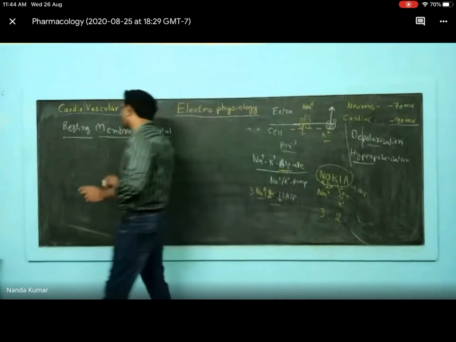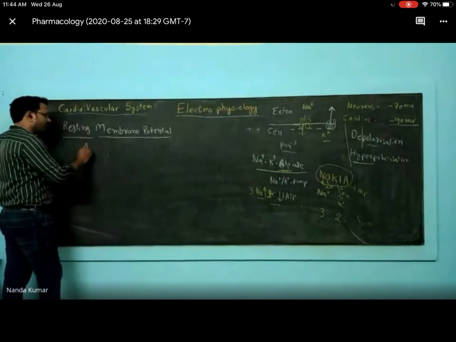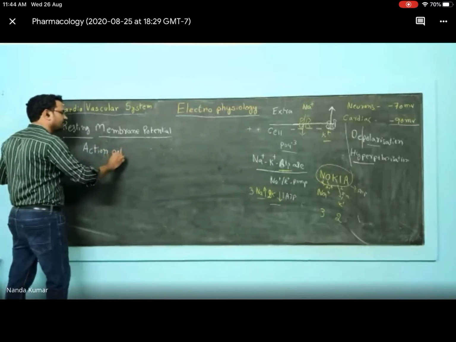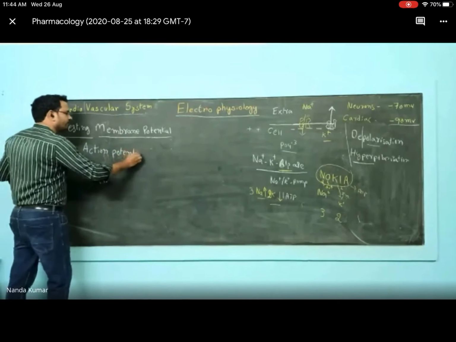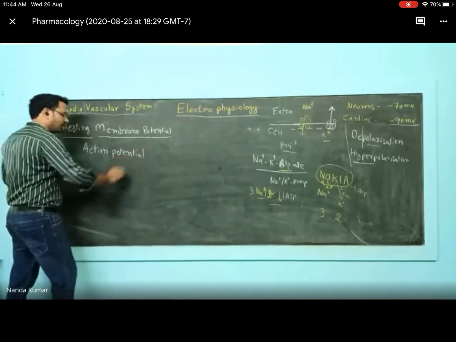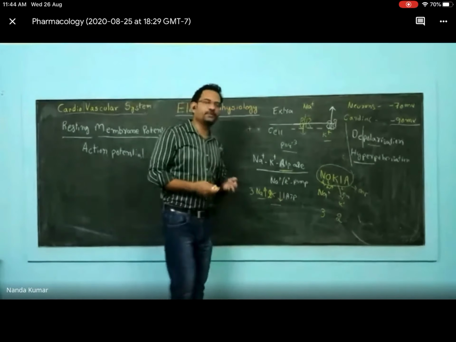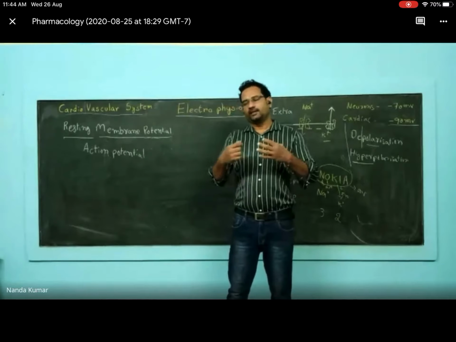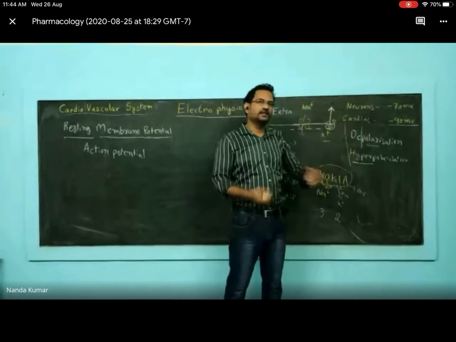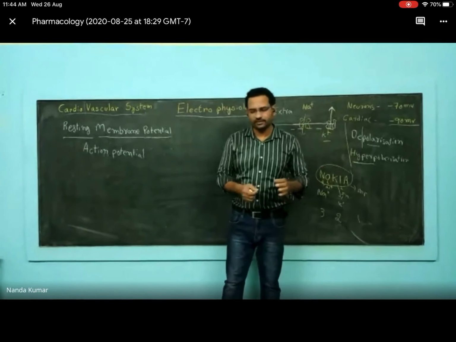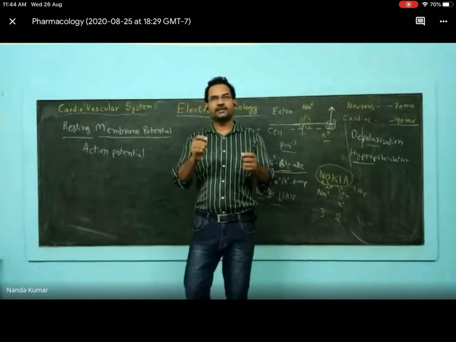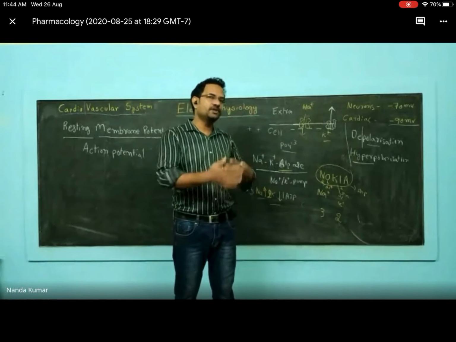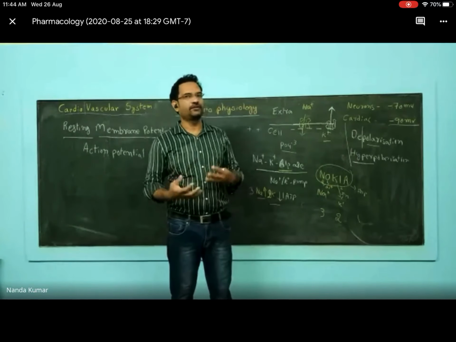Now the next important thing is action potential. Now understand this one. Action potential is essential for our survival. All the neurons, cardiac cells, every cell will show this kind of action potential. Action potential is responsible for sensations, and most of our neuronal and cardiac work.